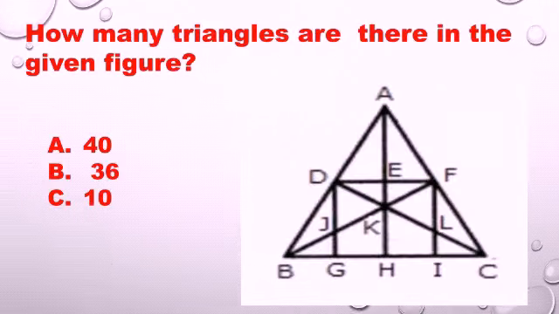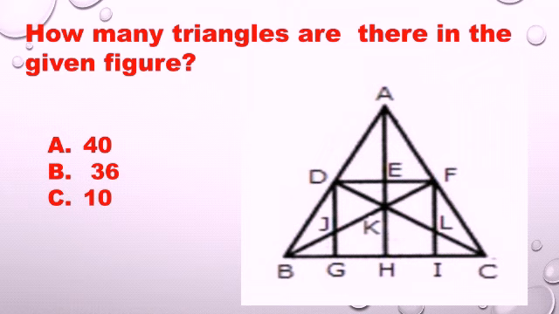Now I will check how good you are at recognizing shapes. Here, you have to find out how many triangles are present. The options given are 40, 36 and 10. First of all, the easiest method to count the triangles is to give pieces.